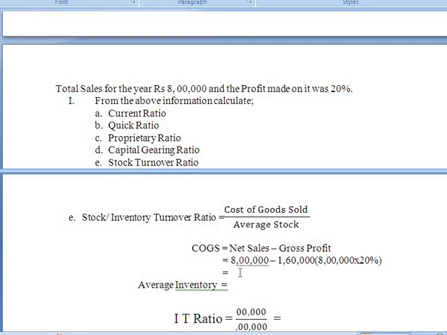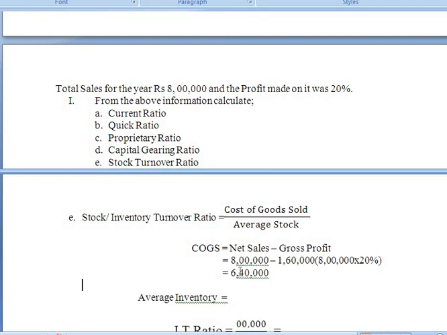So 8 lakh minus 1,60,000, balance will be 6,40,000. Next one is average inventory, or average stock.